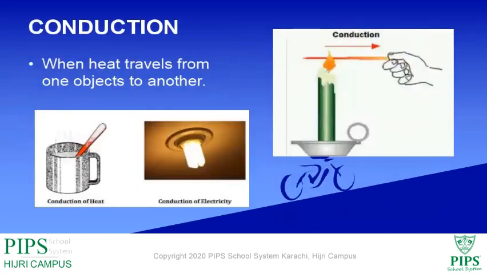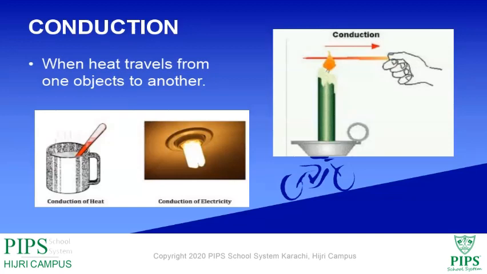Understand? Now do you know what is conduction? Conduction means when heat travels from one object to another object. Okay, conduction of heat and conduction of electricity. Yes, so conduction is when heat travels from one object to another object.